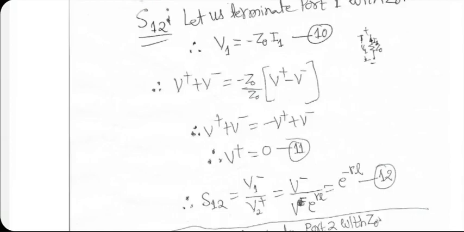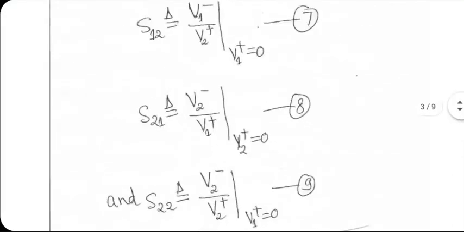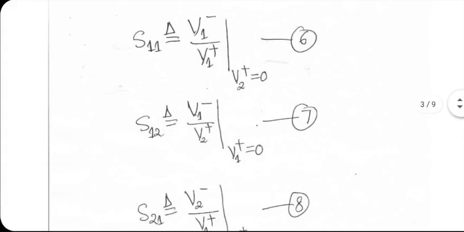The reflected component of the input voltage is V minus, we have seen that already. Incident component of the V2 voltage: everything in the S parameter definition is assumed to be going in. This is a catch here.